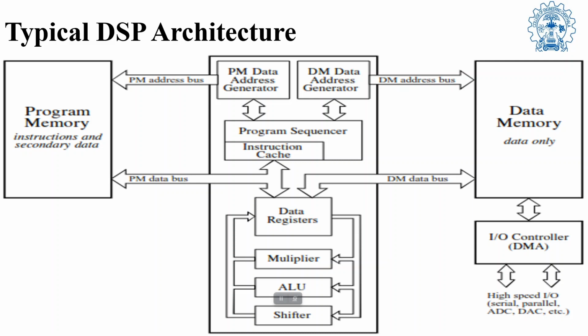The input signals enter and the output signals leave the system through this I/O controller. This I/O controller provides both serial and parallel communication ports. These are used for extremely high speed connections.